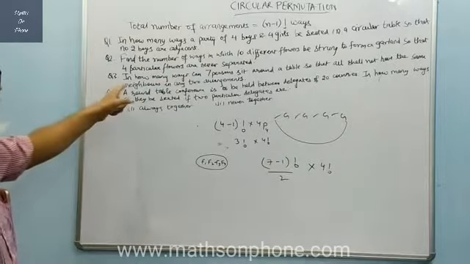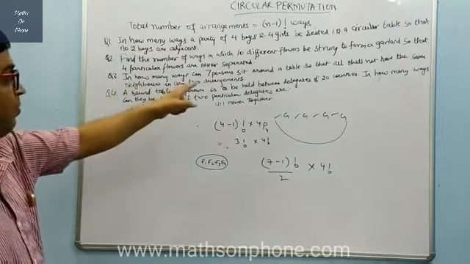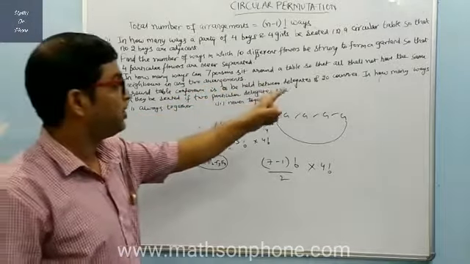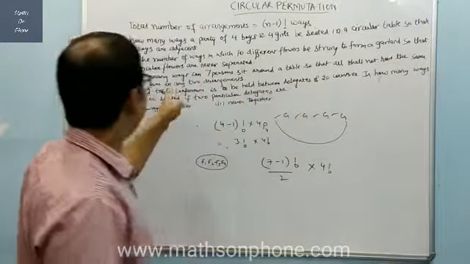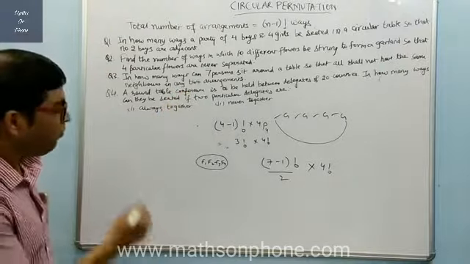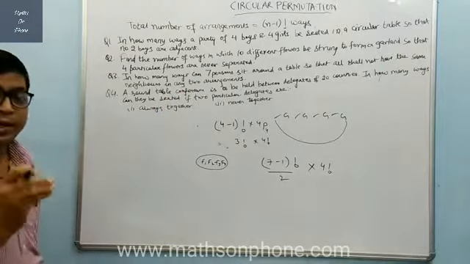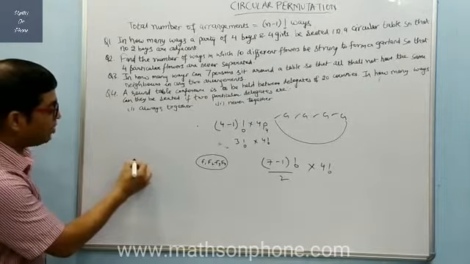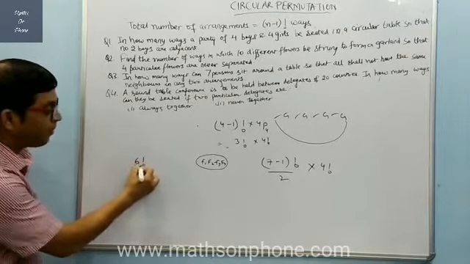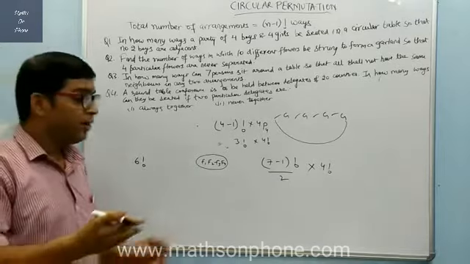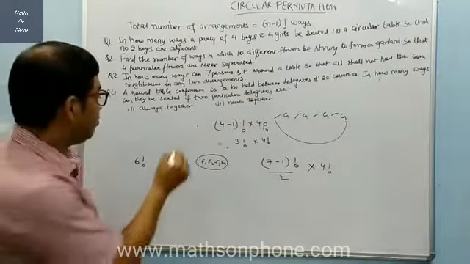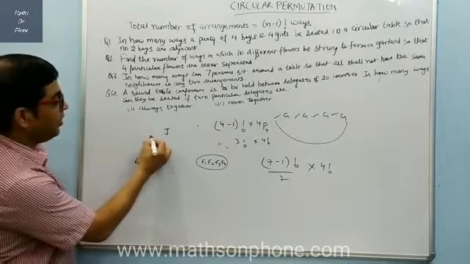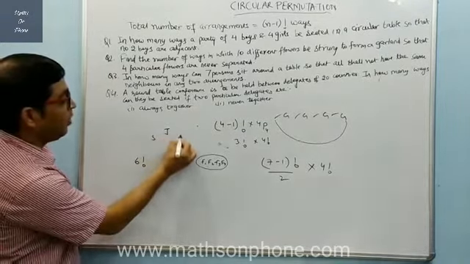Now see question number 3. In how many ways can 7 persons sit around the table so that all shall not have the same neighbor in any of the 2 arrangements? Very simple. 7 persons at a circular table can be arranged in 7 minus 1, that is 6 factorial ways. But they are saying that a particular person, suppose John is there and he is surrounded by Sohan and Mohan.